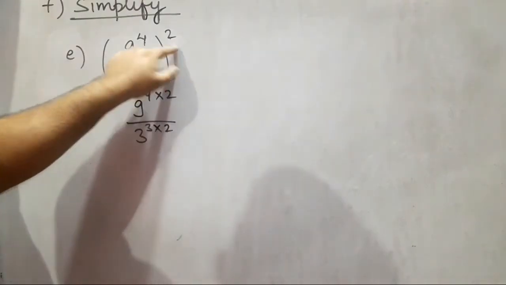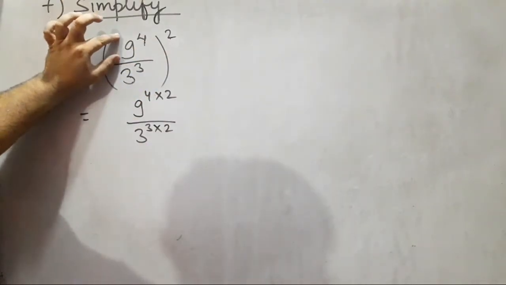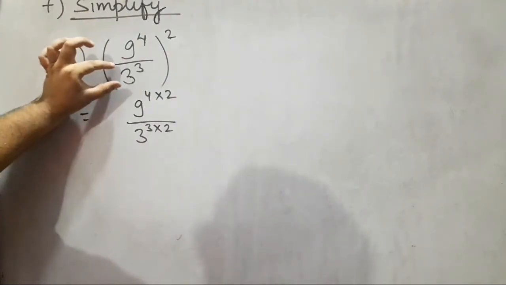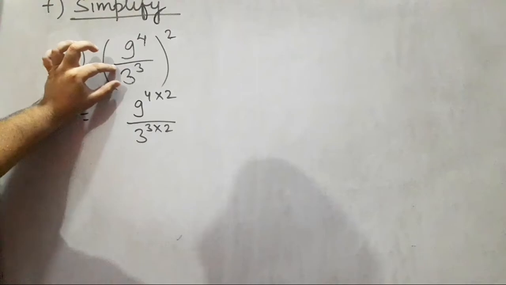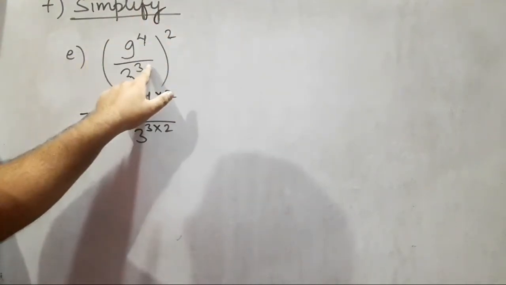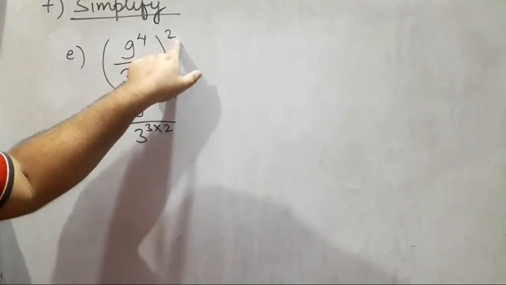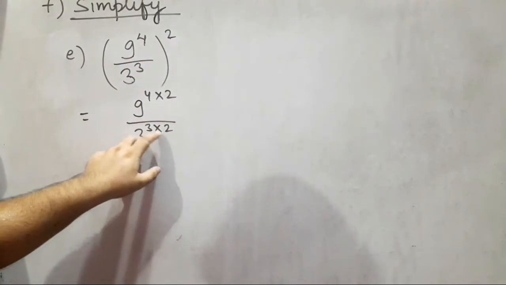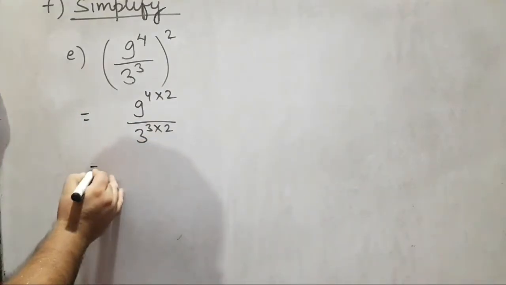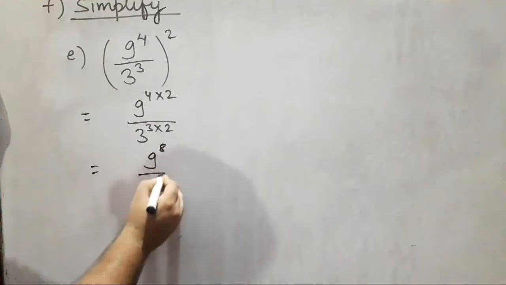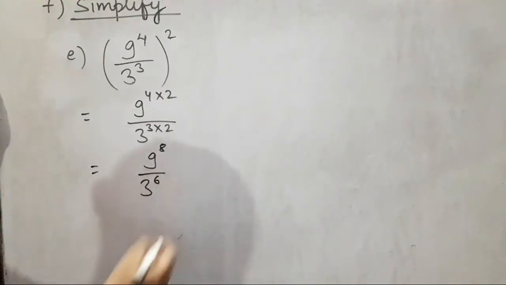This power 2 belongs to this term 9 power 4 as well as this term 3 power 3. So this power 4 shall multiply this 2 as well as this power 3 shall multiply this 2. So 9 power 4 into 2 by 3 power 3 into 2. Now we got 9 power 8 by 3 power 6.